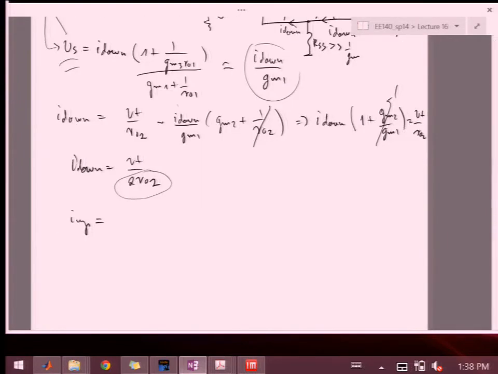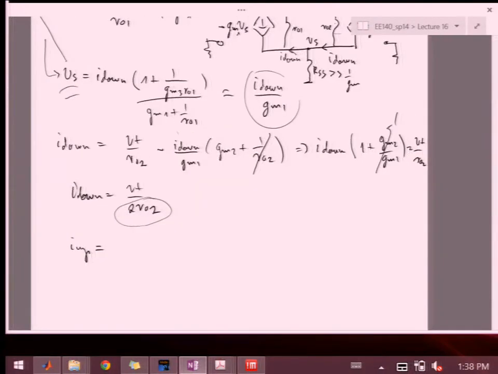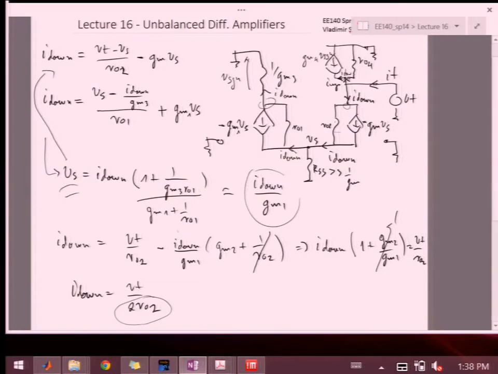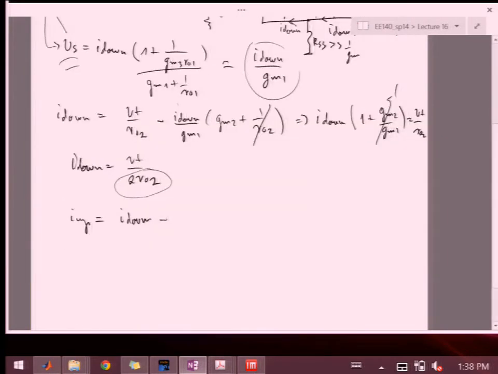So what we see is that I up is I down because it got mirrored through this voltage-controlled current source. And then we have this extra nuisance over here, which is Vt over RO4. That's the output impedance.